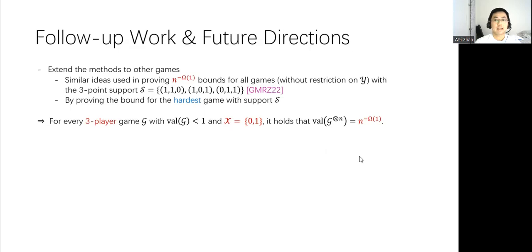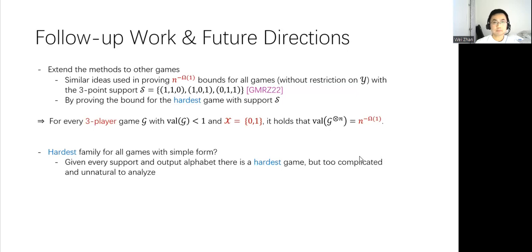And we can claim the polynomial bound holds for every 3-player game with binary input without limiting the output alphabet. That proof also uses many new ideas and techniques, and most notably, it was proved by proving the bound for the hardest game with the support. Hardest in the sense that every game with the support can be reduced to it.